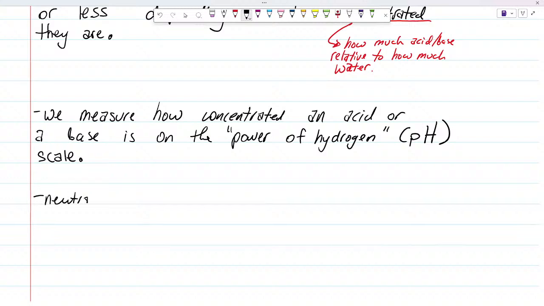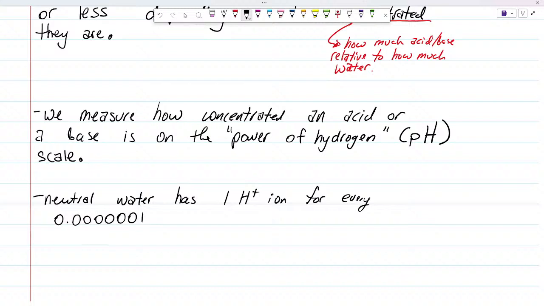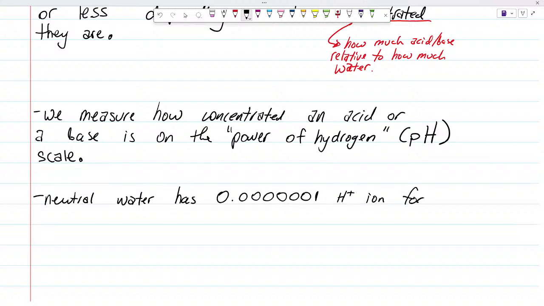Neutral water has 1 H plus ion for every 0.0000123456, and then that 7th number is a 1.